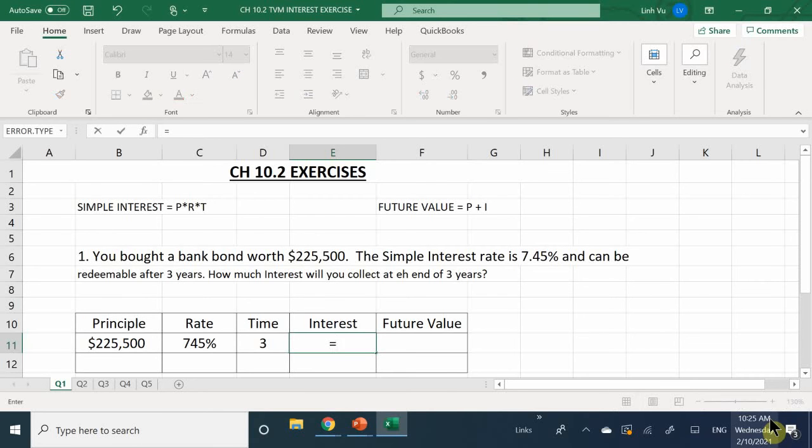Yes. So in this case, 225,500 times 0.0745 times 3. What is my total interest collected here? 5399.25. I'm not sure.